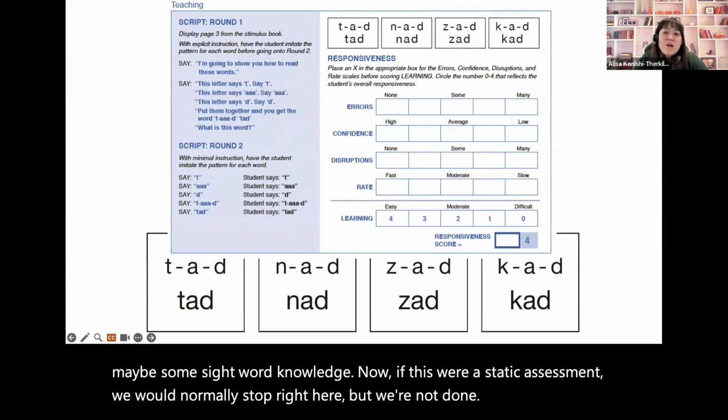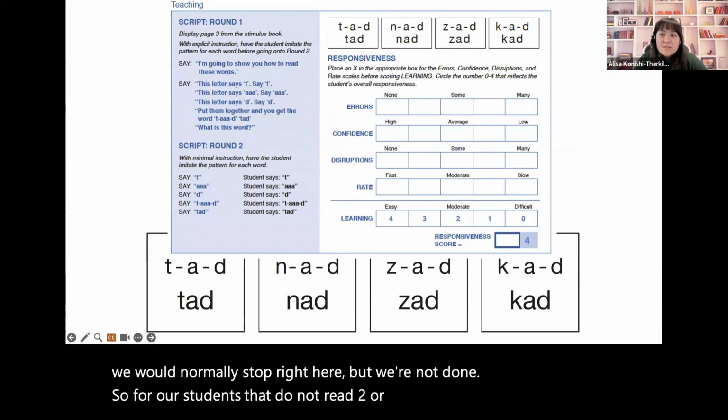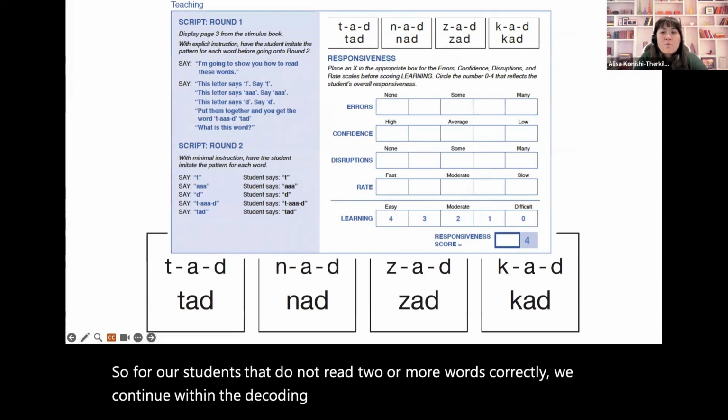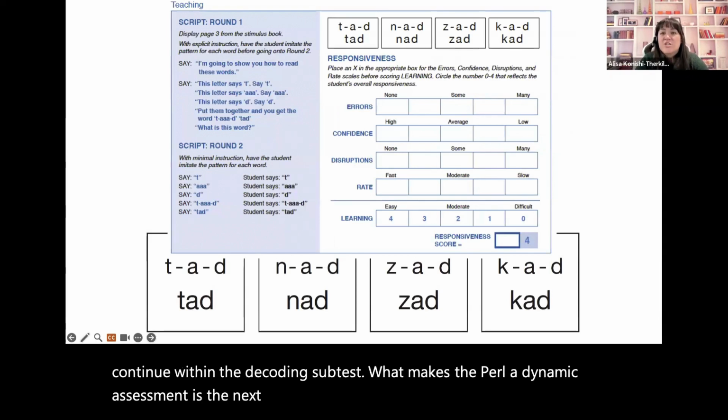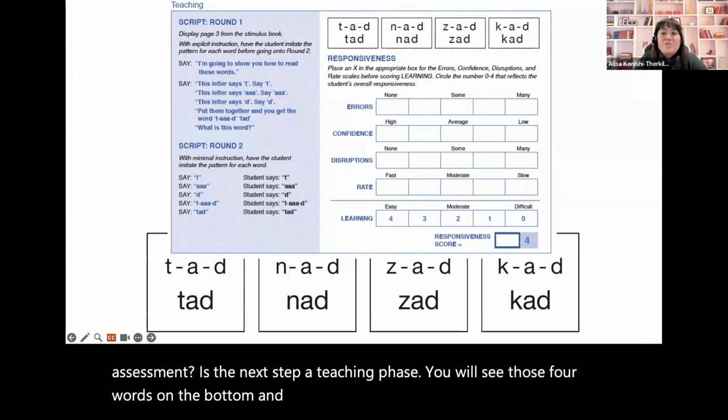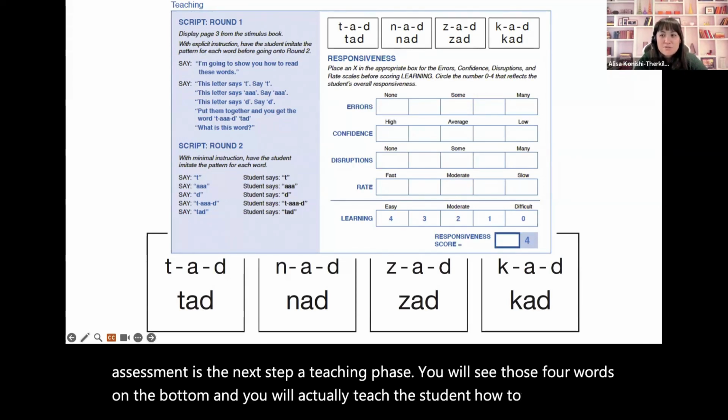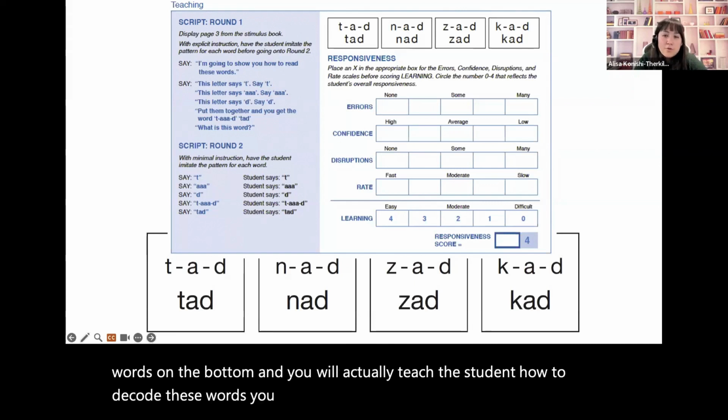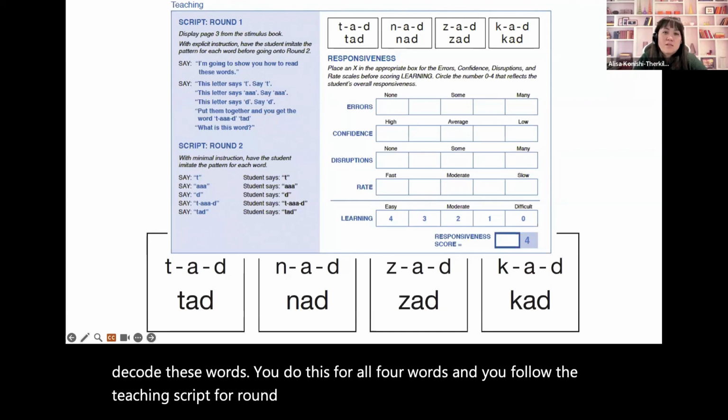So for our students that do not read 2 or more words correctly, we continue within the decoding subtest. What makes the PEARL a dynamic assessment is the next step, a teaching phase. You will see those 4 words on the bottom, and you will actually teach the student how to decode these words. You do this for all 4 words, and you follow the teaching script for round 1, as seen on the left-hand side of your screen.